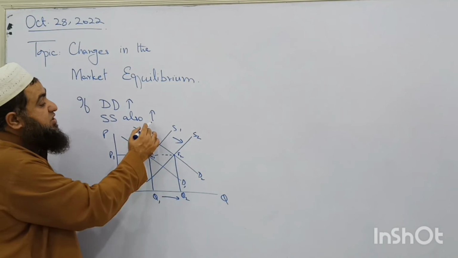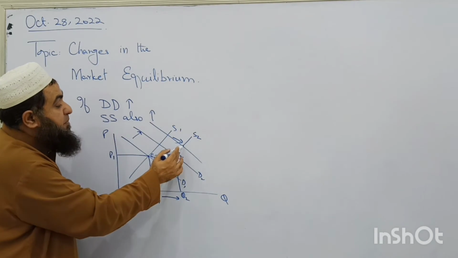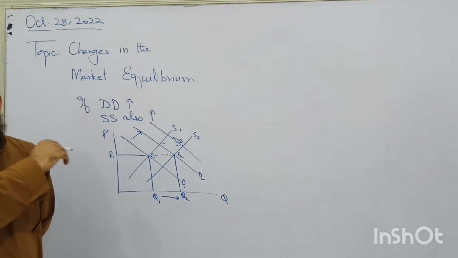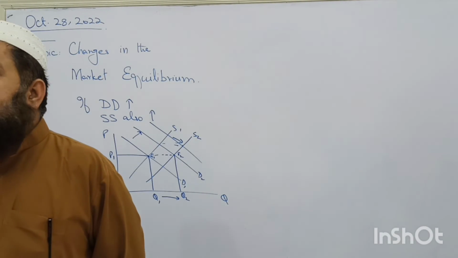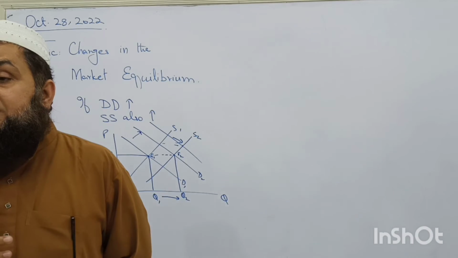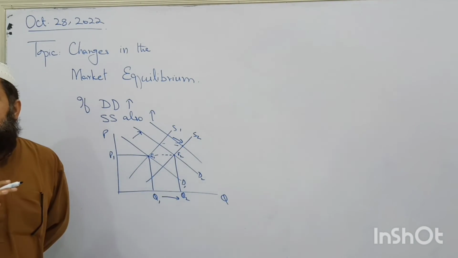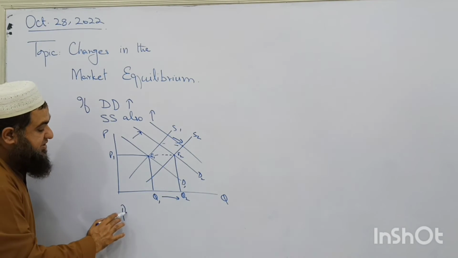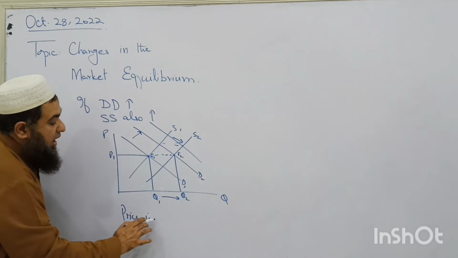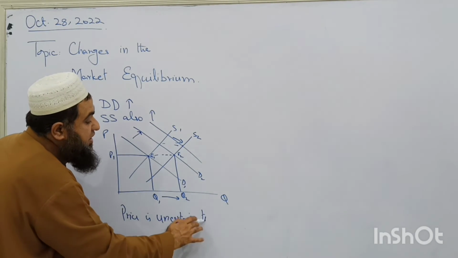But if demand shift is higher than supply shift, equilibrium price will definitely increase. But if supply shift is more than demand shift, equilibrium price will decrease. So my point is that price is uncertain to change.